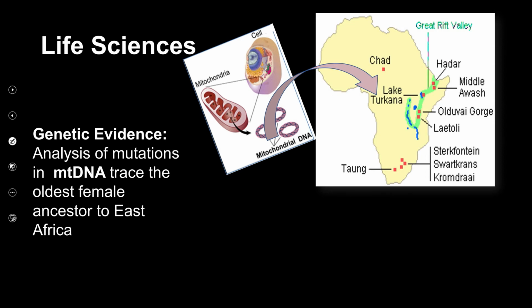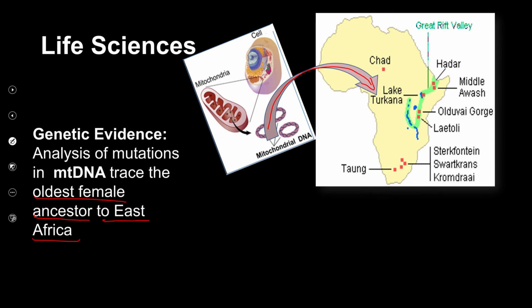Here, if we have a look, what they've managed to do with the mitochondrial DNA is trace it all the way back to a very early ancestor, the oldest female ancestor that they believe, and she comes from East Africa.